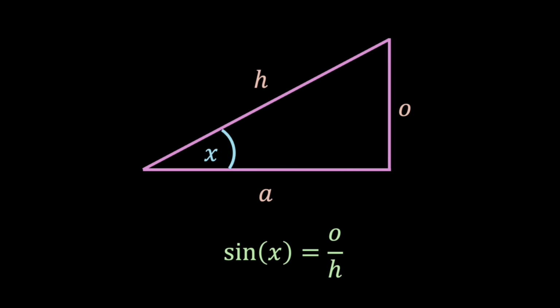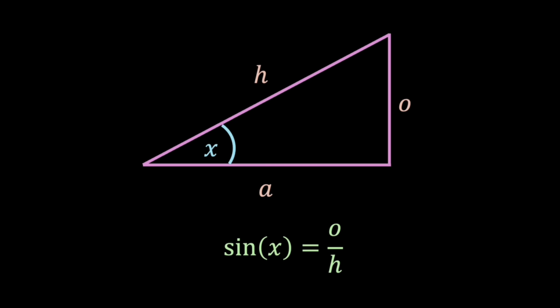As you might recall, the sine function arises in the context of right-angled triangles. If we label an angle x, we can then identify the adjacent, opposite, and hypotenuse of our right-angled triangle, and then the sine of x is defined as the ratio of the opposite side to the hypotenuse.